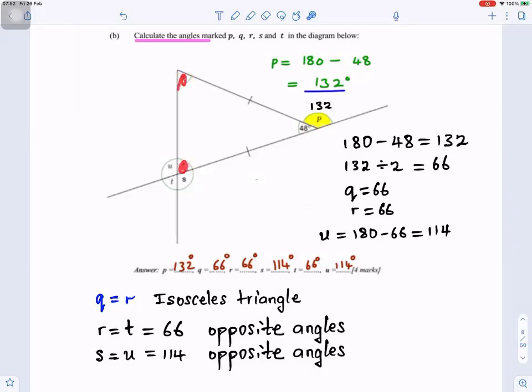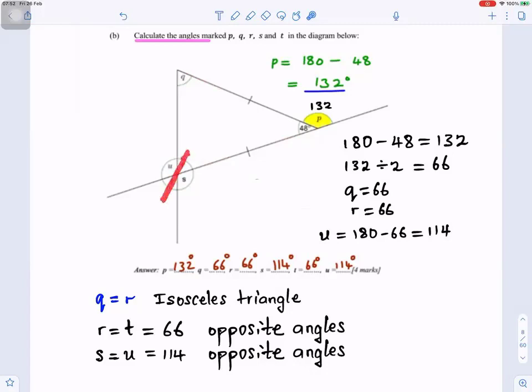Q and R are the same because the triangle is isosceles. So 132 divided by 2, you share it. 132 divided by 2 gives 66. So Q is 66, R is 66.